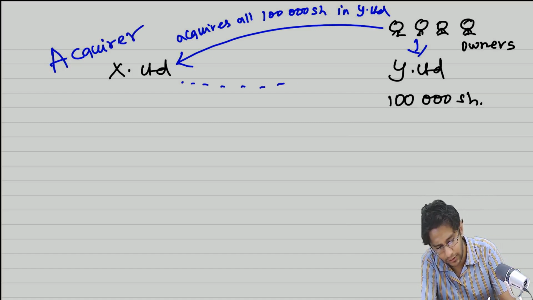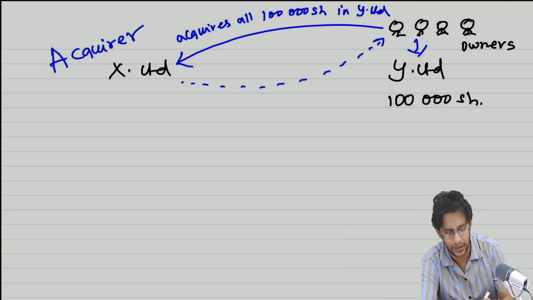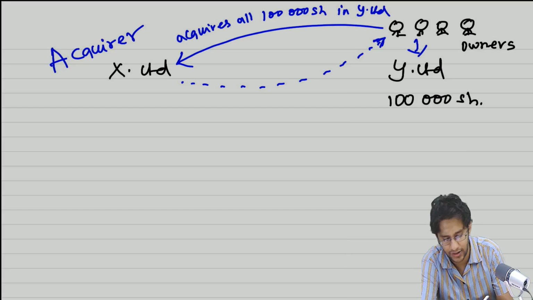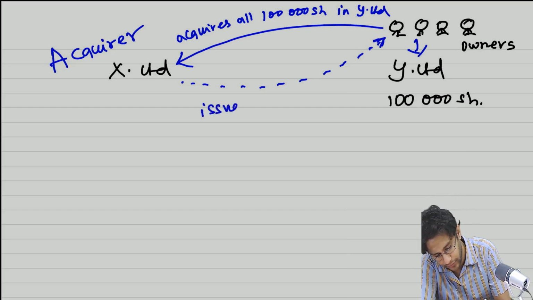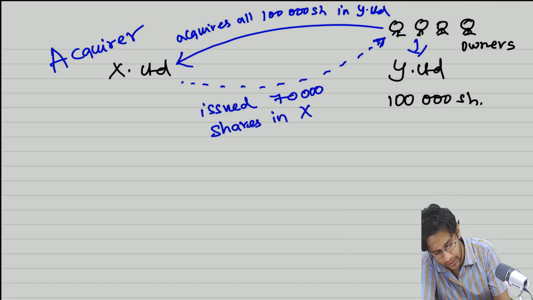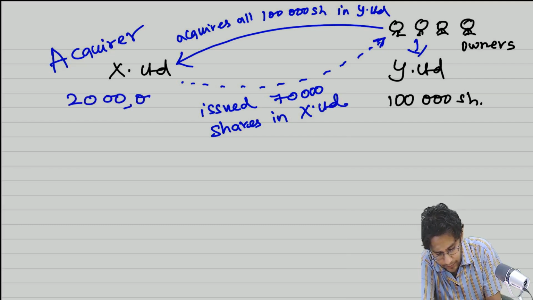We have to pay purchase consideration to them, and we have not given them cash. We issued 70,000 shares in X Limited. Here I am also writing the number of shares; here 20 lakh shares are there.